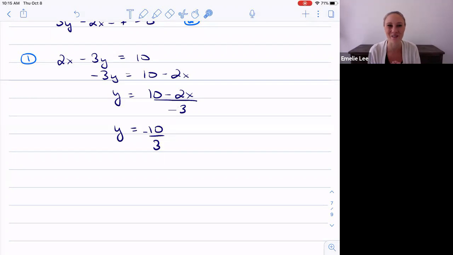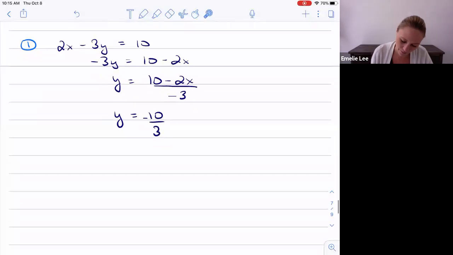If you know how to use these things, that's way more valuable than me just grilling you. So definitely get comfortable with Desmos because it's a really good tool for checking your work, especially graphically. If I keep going here, 10 over negative 3, I can rewrite as negative 10 over 3, and then minus 2x over negative 3, but this negative goes away to make a positive over 3.